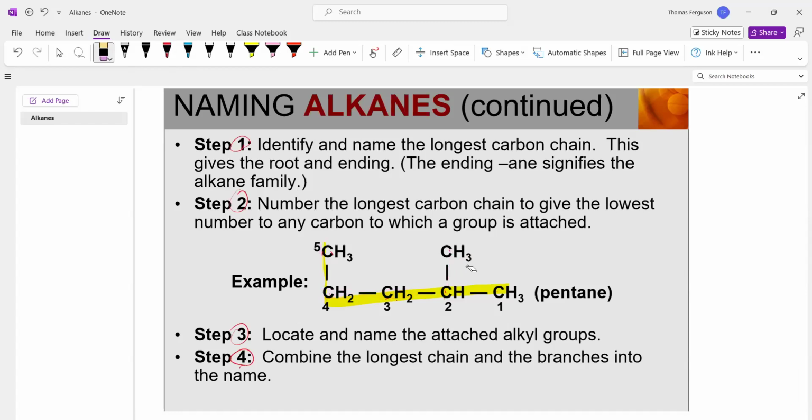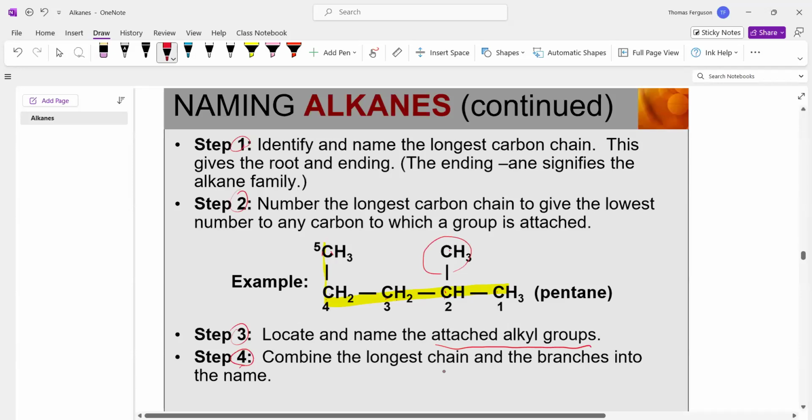The backbone carbons are to be numbered. The reason you need to number them is because we need to identify what carbon the branching is on. Okay, now they refer to that as attached alkyl groups. So here is the branch, and we can number the backbone 2 ways, from left to right, right to left.